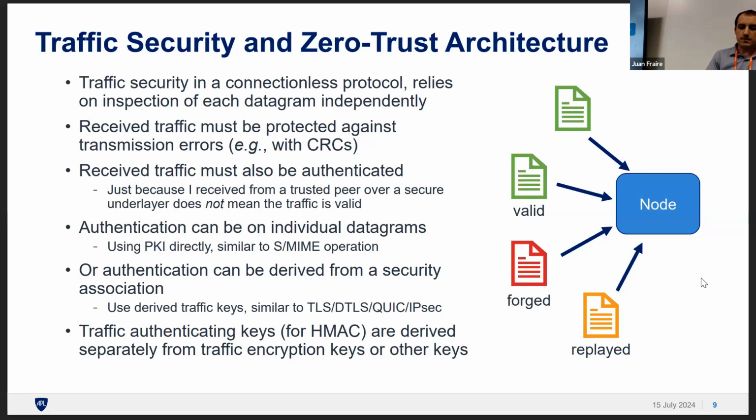And then, this is another NIST requirement in key management, you don't use the same keys for different purposes. So traffic authenticating keys are treated separately from traffic encryption keys or other key purposes. The picture on the right is just showing that when receiving datagrams in a secure environment, each datagram itself has to be treated independently from the other.